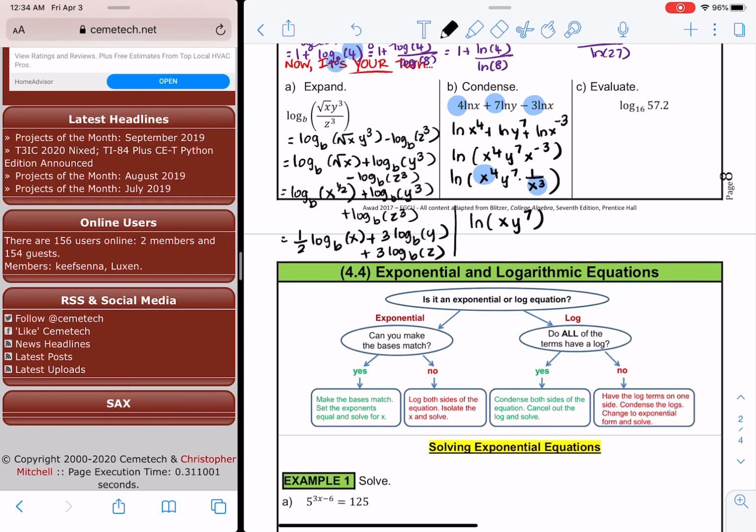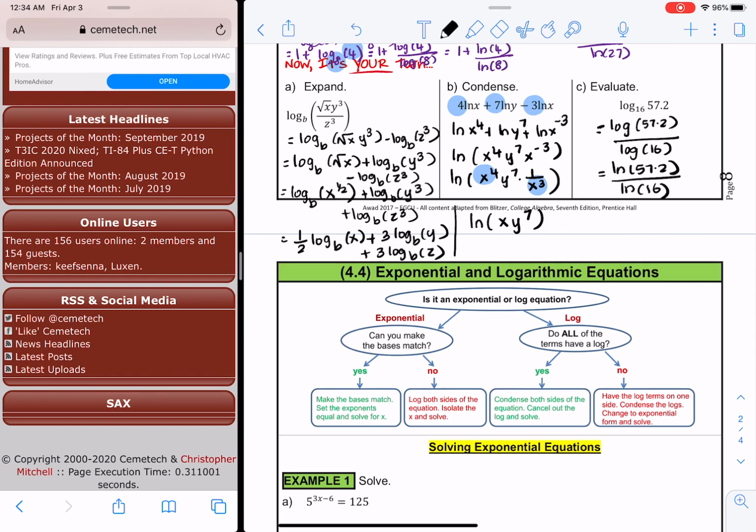So log base 16 of 57.2, we can evaluate it using a calculator if it is written in terms of base 10 log or natural logarithm. But we know using the change of base formula that it is equal to log 57.2 over log 16, and it is also equal to ln of 57.2 divided by ln of 16.